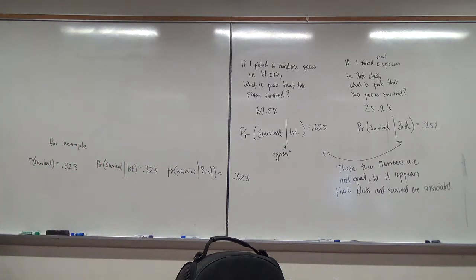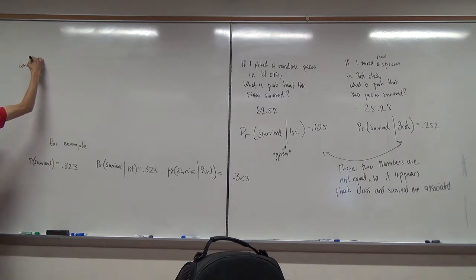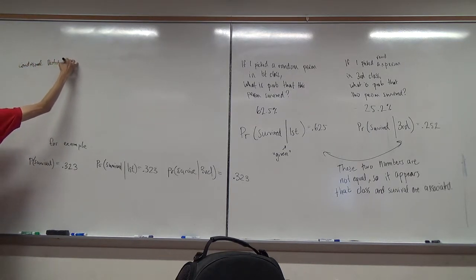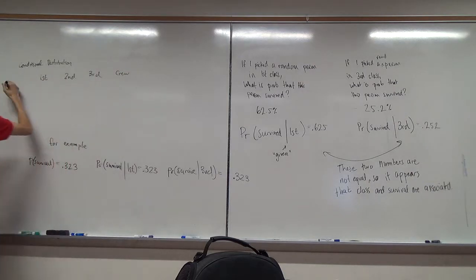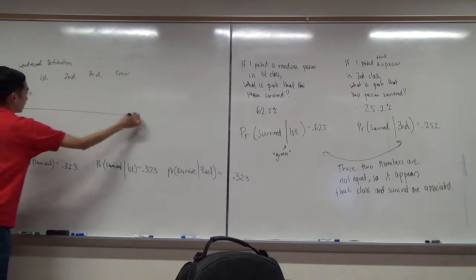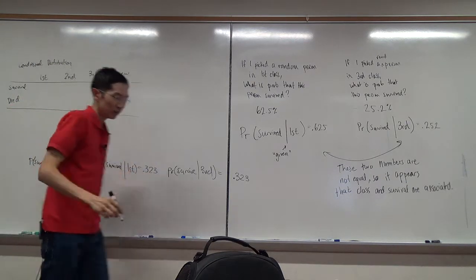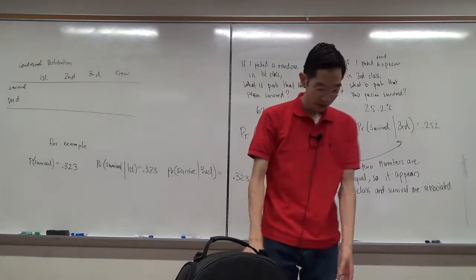Okay, so let's say I could create conditional distributions for all of the classes. So I have first, second, third, and crew. Then I have survival, or survived versus died. We've already figured out a couple of these numbers.